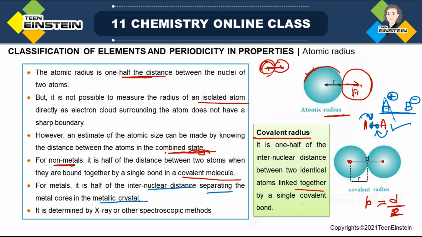So metals exist in crystals and there are metal cores. Now, between these two metal cores, what is the internuclear distance? You just have to take half of that distance. Fine. And it can be measured by X-ray or other spectroscopic methods. But right now we are just focusing on covalent radius.